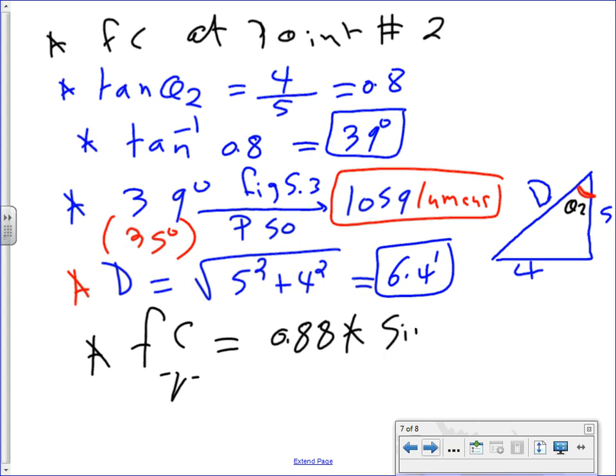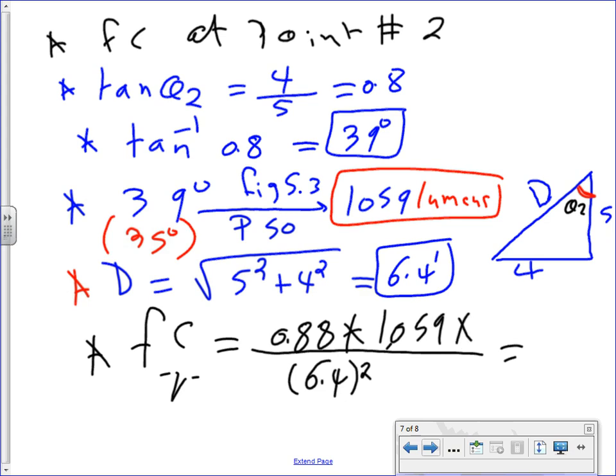Sine of 39, because that's the actual angle, divided by the distance squared, 6.4 raised to the power 2. Then the candela power, which is 1059, multiplied by sine 39.